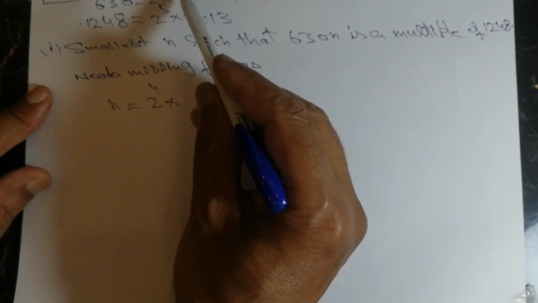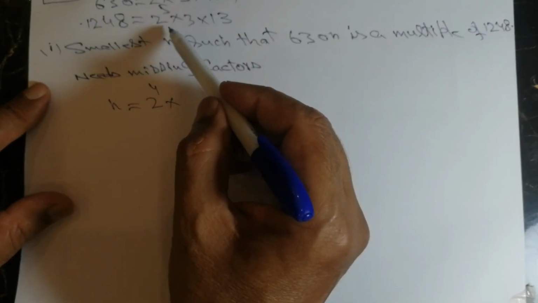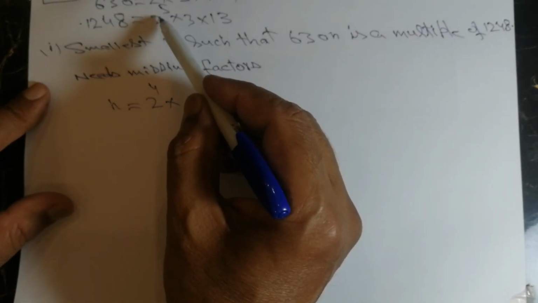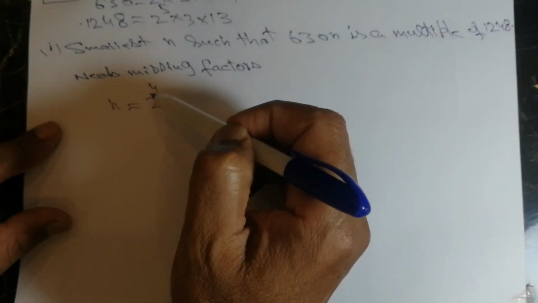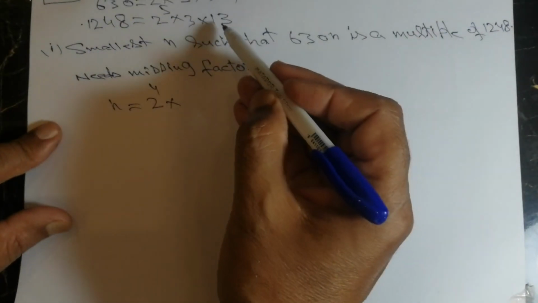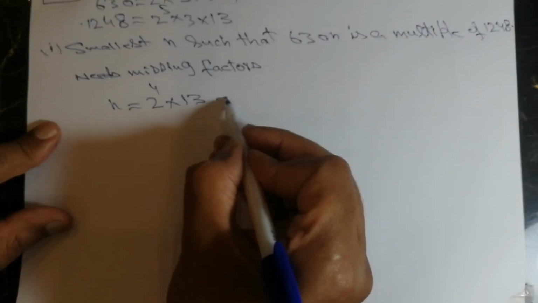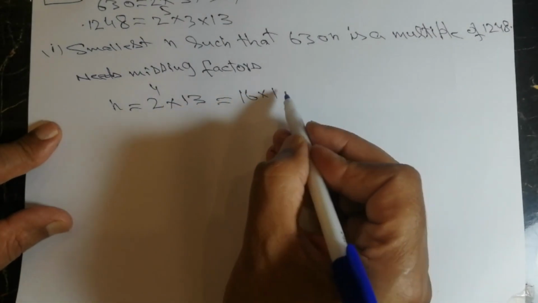If there is a higher power, that is no issue, we will just consider when there is a lesser power, like in this case the power is 2 raised to power 5, this is a higher power, so we need to multiply with the remaining power, and for 13, with 13, that is equal to 16 into 13.